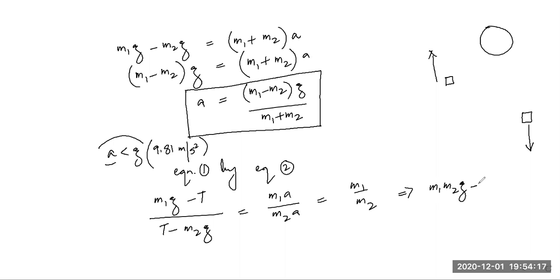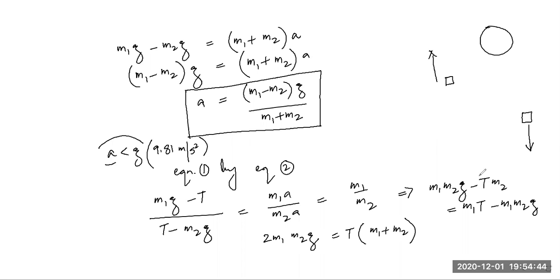So from this I can understand, students, m1 m2g minus T m2 is equal to m1T minus m1 m2g. Is it right? So see what I get: 2 m1 m2g is equal to T into (m1 plus m2).